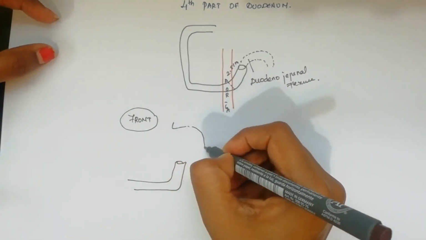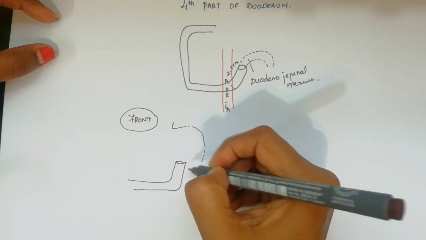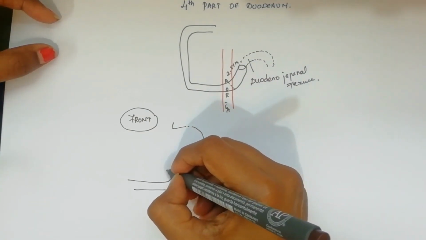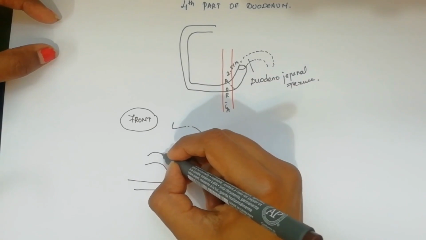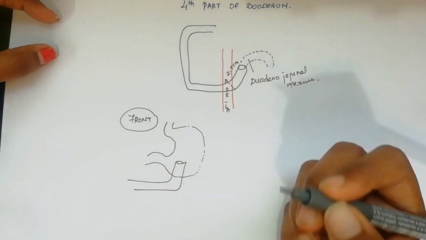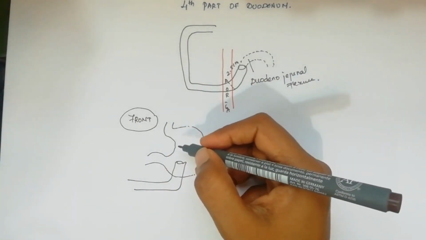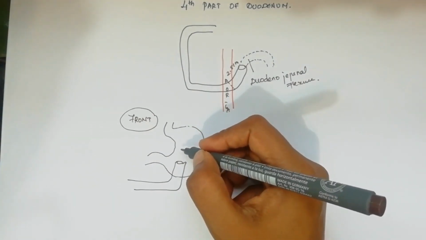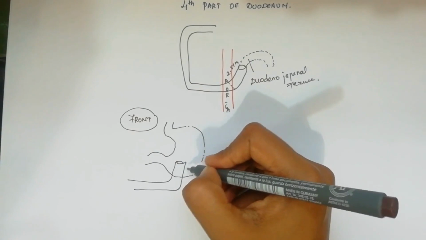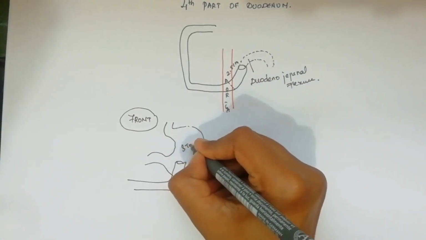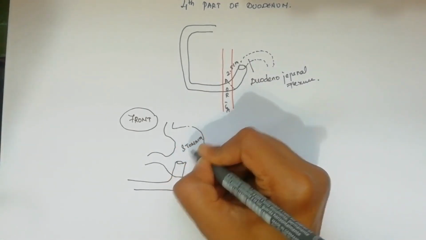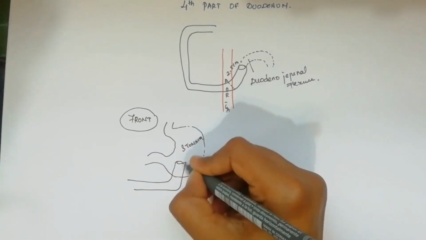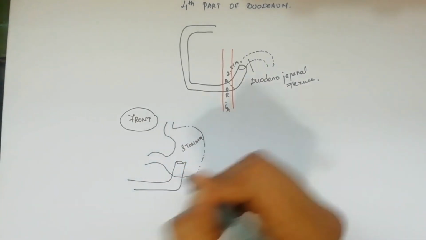We have got stomach, posterior-inferior surface is getting related to the fourth part of duodenum. So in the posterior-inferior relation of stomach, we have come across with duodenal relation, that is nothing but this fourth part of duodenum.